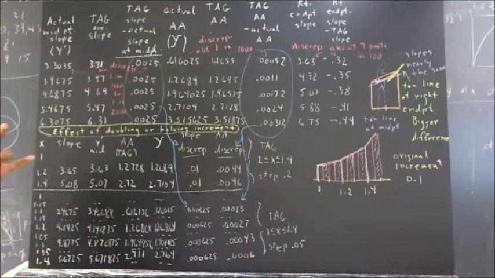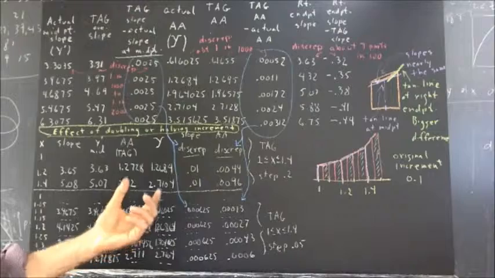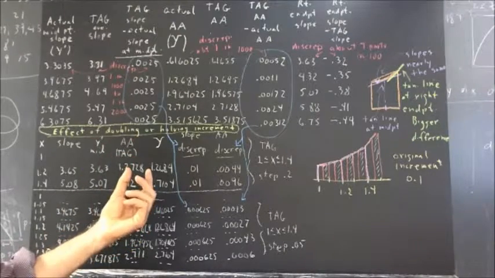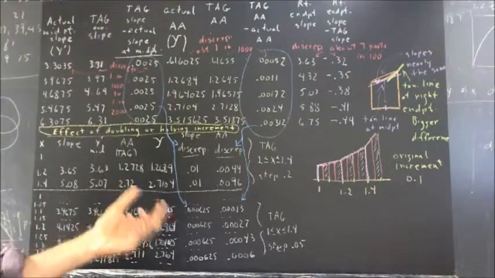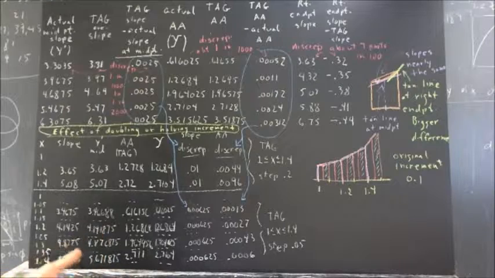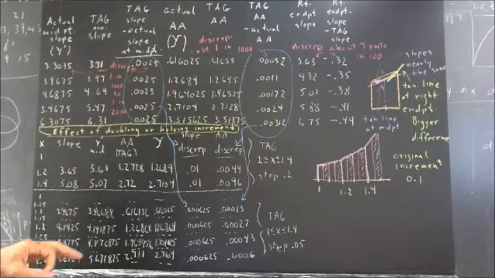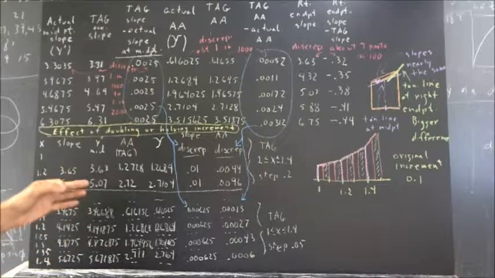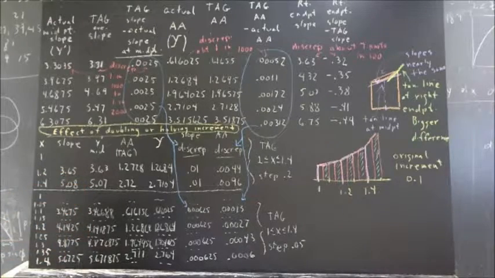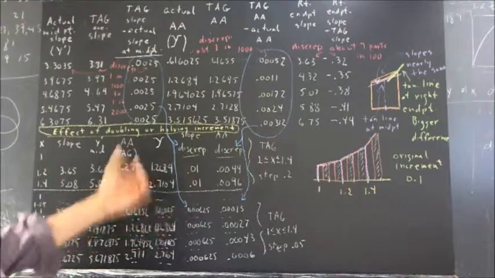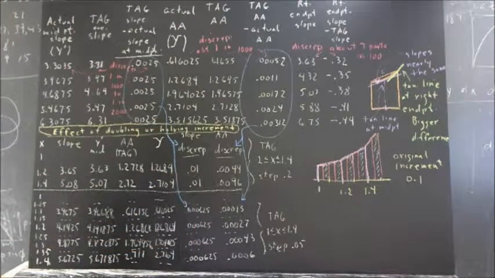So as far as estimating slopes, it appears that every time we cut the interval in half, we quadruple, or in terminology you might be familiar with, fourple, the accuracy, and we cut the discrepancy by a factor of 4.